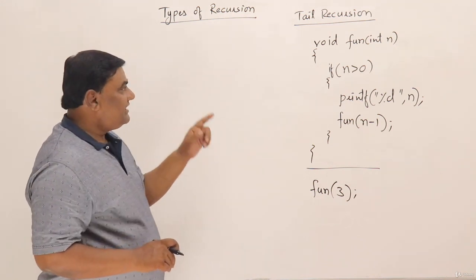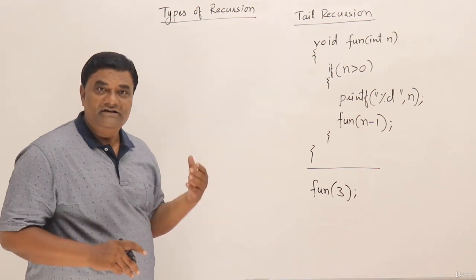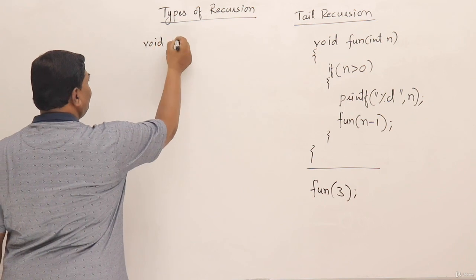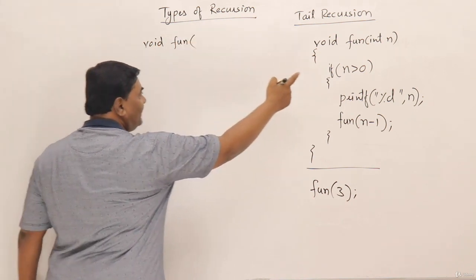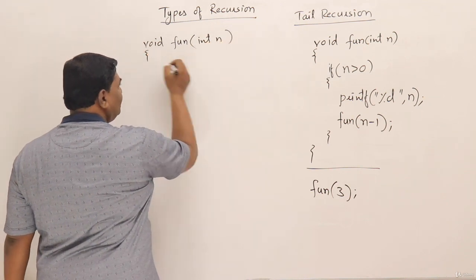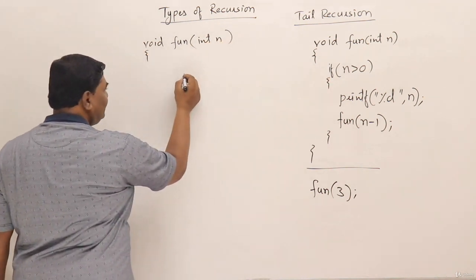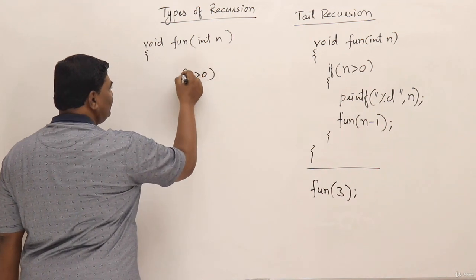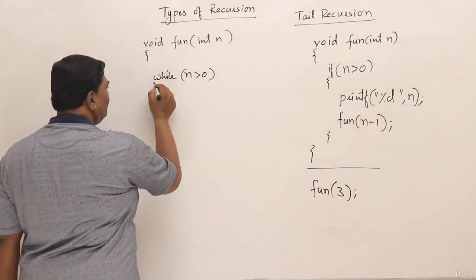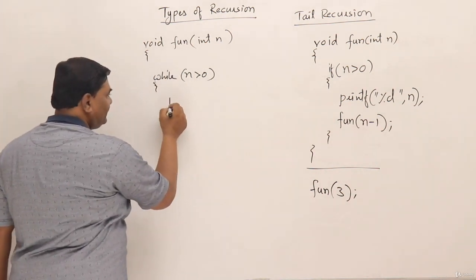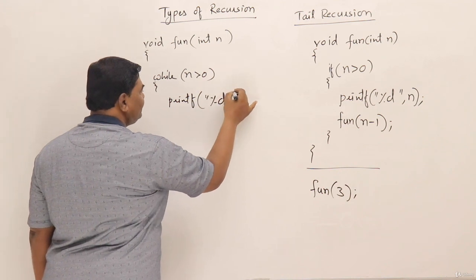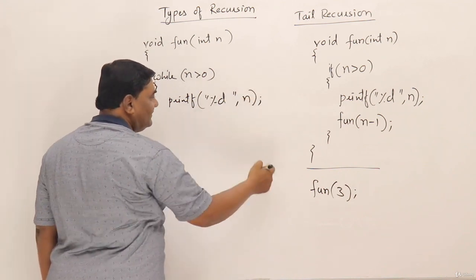Now the same function, I want to write it using a loop instead of recursion. So I will write the function here, void fun, which takes parameter n, and the first thing is n greater than 0. But instead of if, I will write while. Then inside it a printf statement, printf percent d and some space, n.